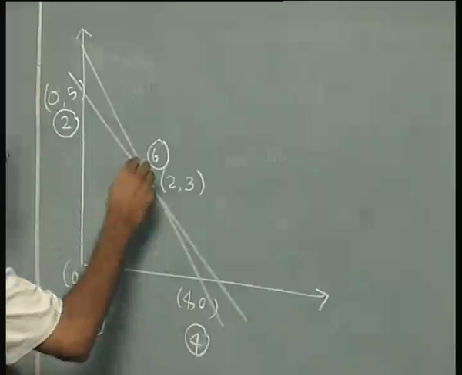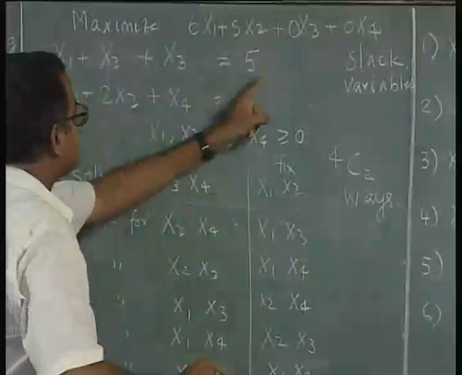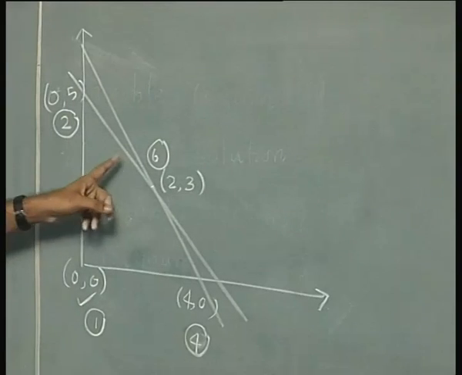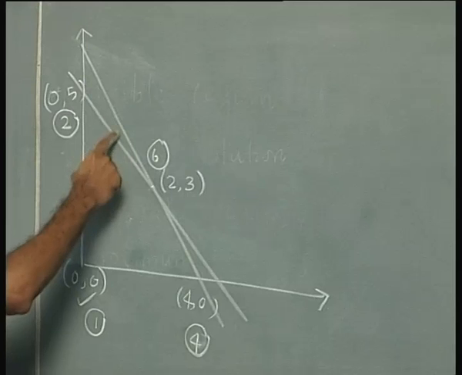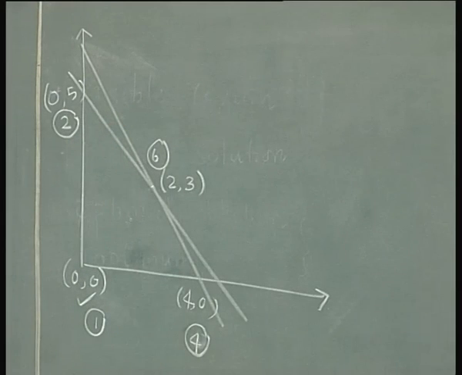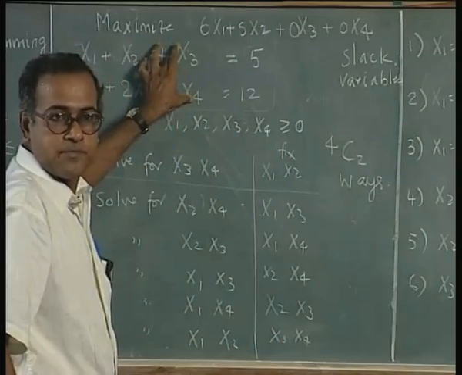So, every corner point is evaluated by fixing these things at 0, so that we are able to solve the corresponding equations. After all, every corner point is got by solving the corresponding equations. This corner point is got by these two equations, x1 plus x2 equal to 5 and 3x1 plus 2x2 equal to 12, which means you are fixing x3 and x4 to 0.